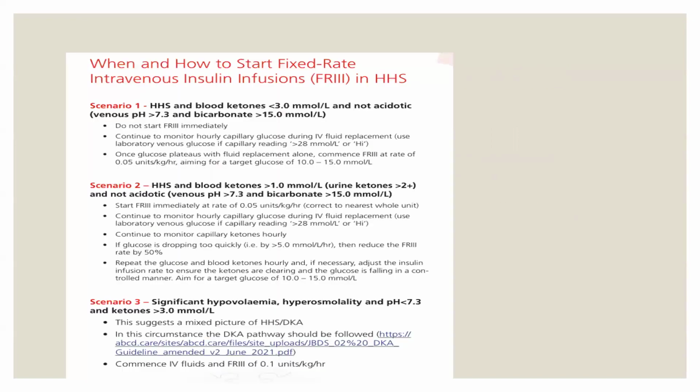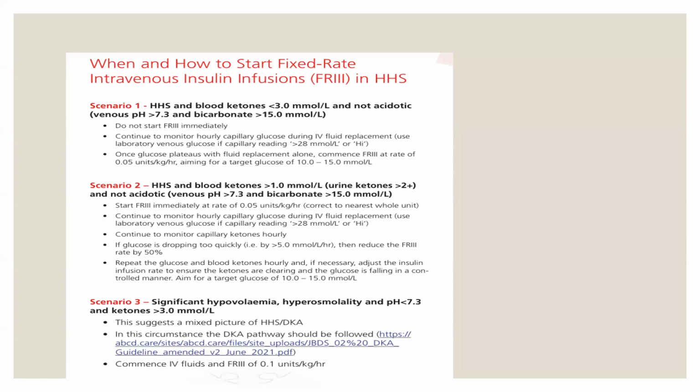Now, regarding when and how to start fixed rate intravenous insulin infusion in HHS. If ketones are less than 3 and it is not acidotic, that means the blood pH is more than 7.3 and bicarbonate is more than 15, then what should we do? In this scenario, do not start fixed rate insulin infusion immediately.